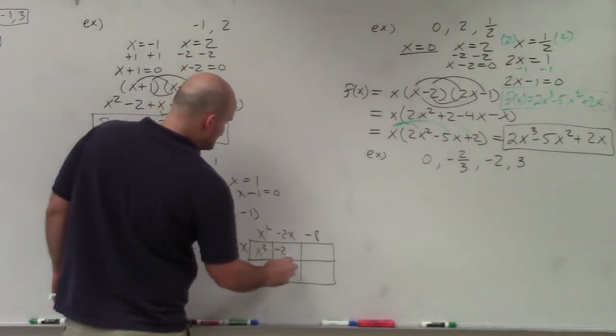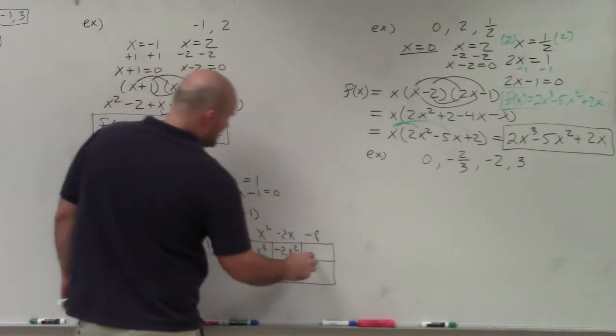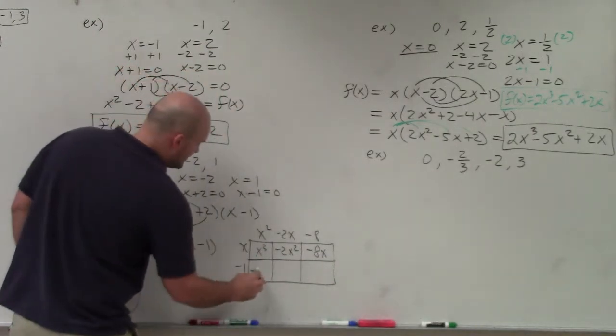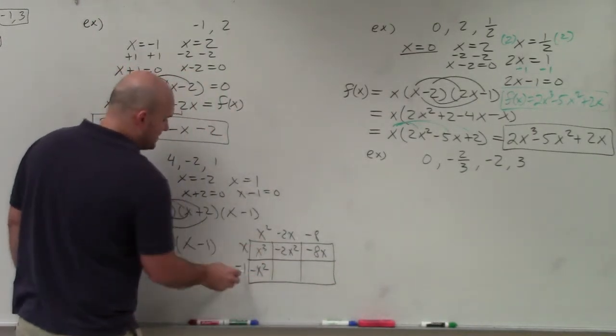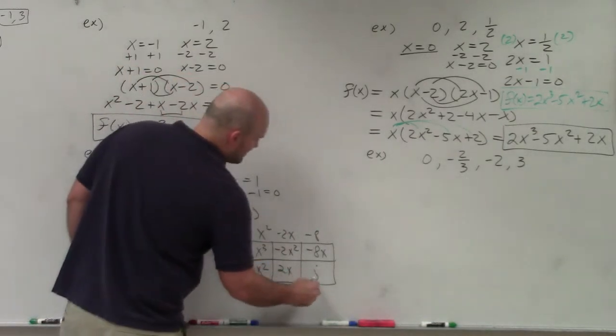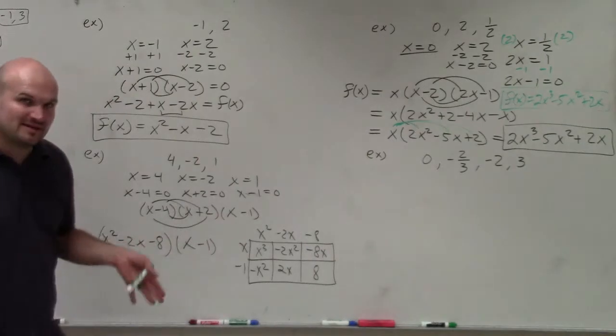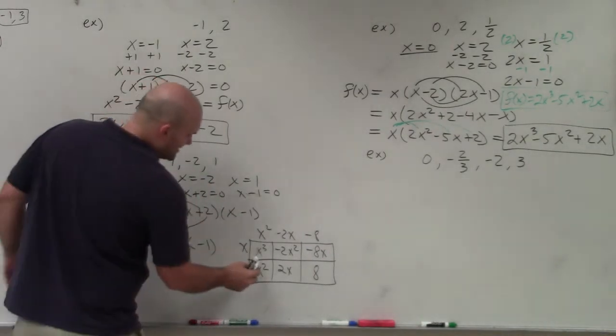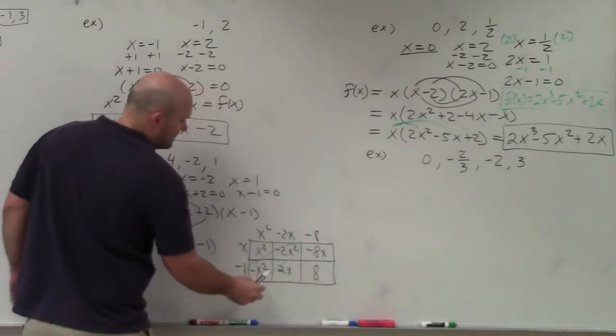X times negative 2x is negative 2x squared. X times negative 8 is negative 8x. Now, x squared times negative 1 is negative x squared. Negative 2x times negative 1 is a positive 2x. Negative 1 times negative 8 is a positive 8. What I like about the box method is that it keeps everything organized in its little boxes, and it lets you know your like terms are on the diagonal.